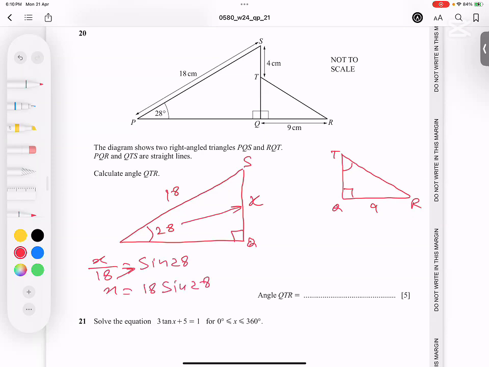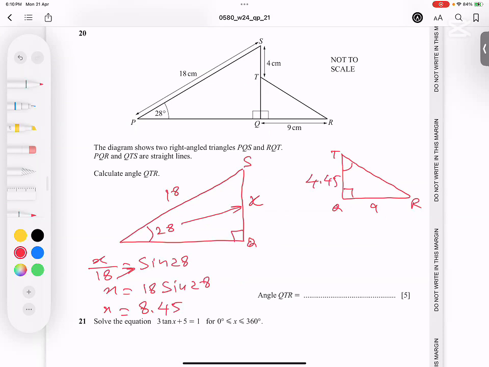If I check in the calculator, 18 times sine 28, it is giving me 8.45. So this is the full length. But the upper length is 4, so subtract 4. When I subtract 4, I will get this length, so it becomes 4.45.